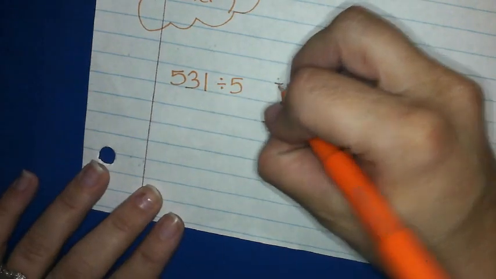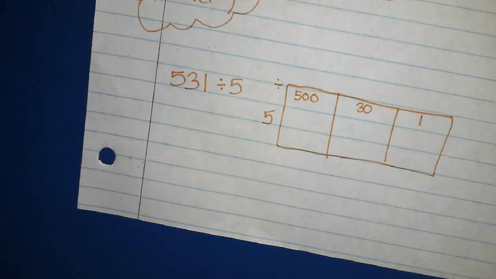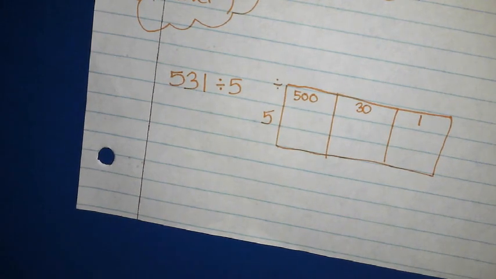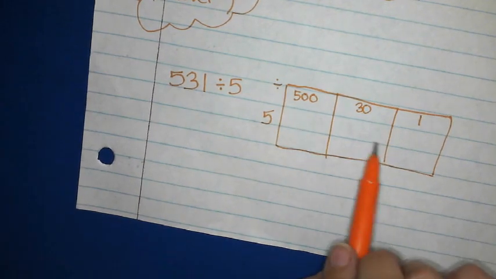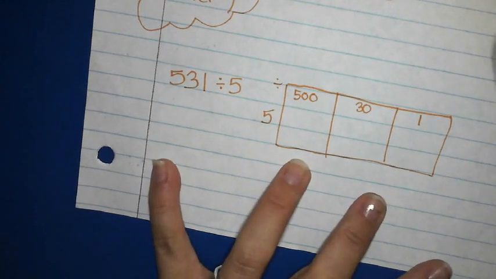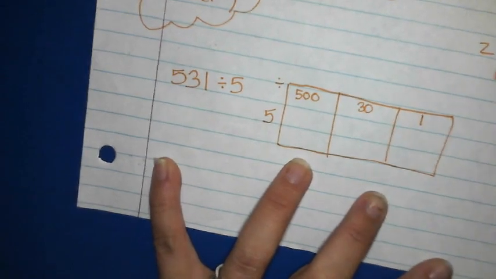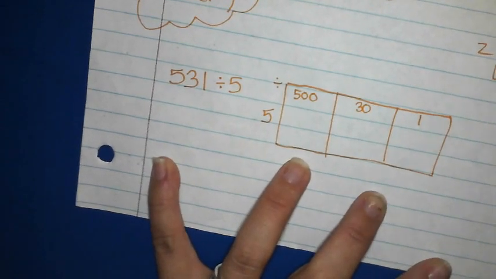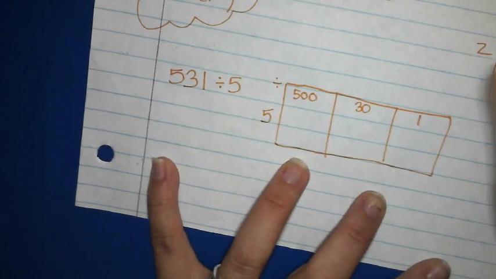Now I do want to point out that for some of these problems, there might be different ways to break up these numbers. We had one where the box was 500 and we were dividing by 2, and we said the closest we could get was 400 by multiplying it by 100.